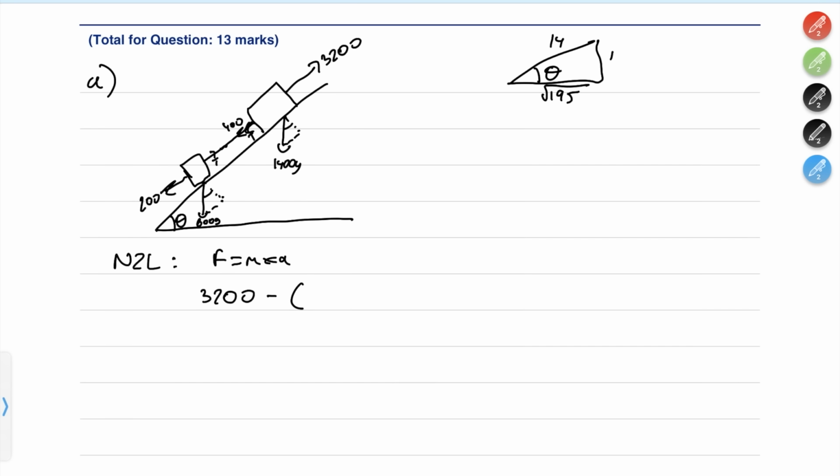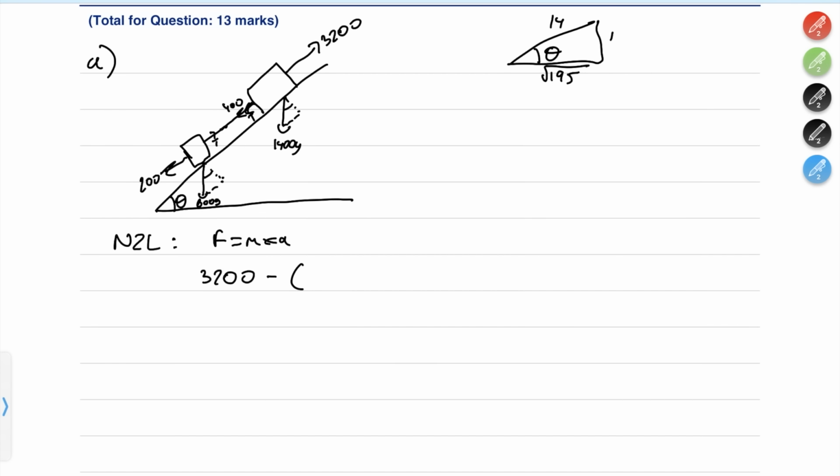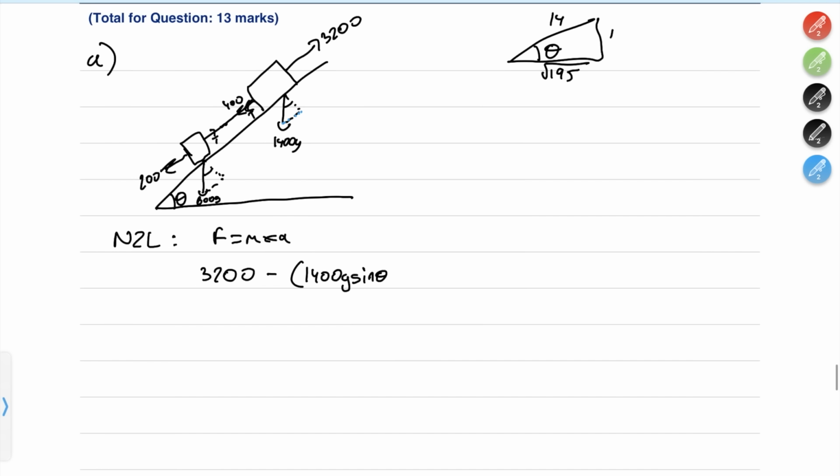Okay, so the car's horizontal component is going to be 1,400G sine theta, because that is this line here. And the trailer's horizontal component is going to be 600G sine theta, because that is this line here.